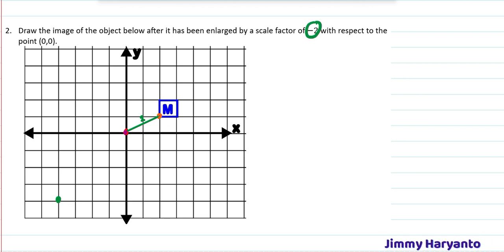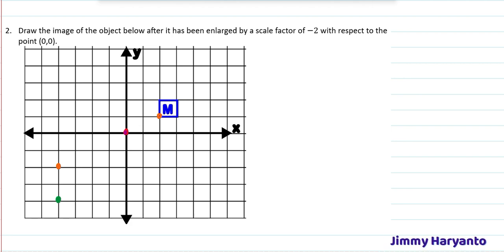Because the scale factor is negative, you have to create another line like this, 2 times like that. My bad, not straight. Yeah, like that. 2 units times 2 becomes 4, yeah, 4 units diagonally. So that one will be right there for the image.